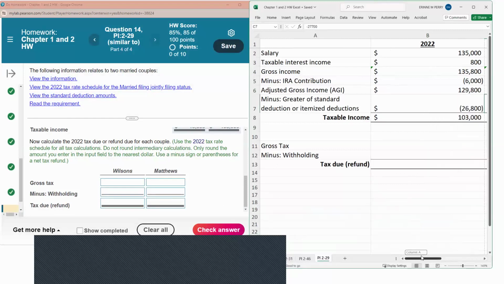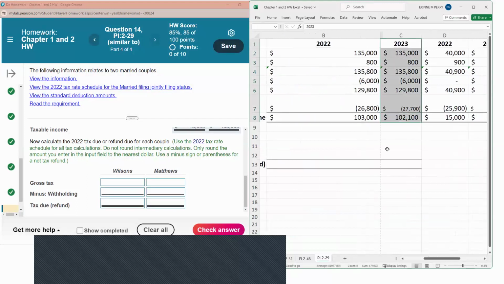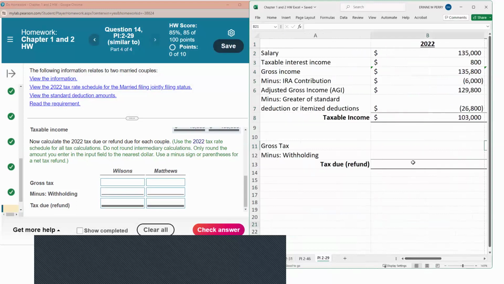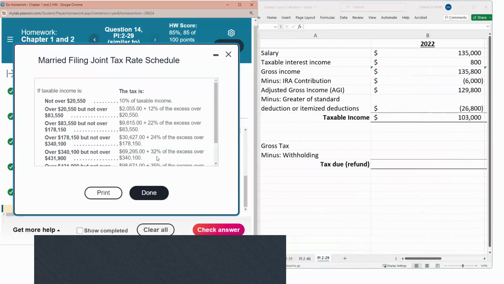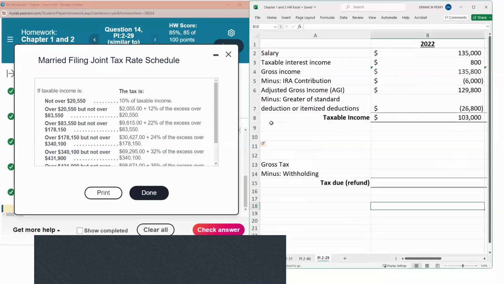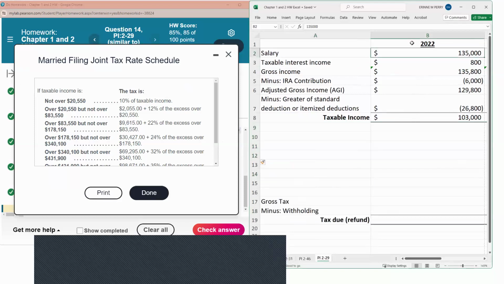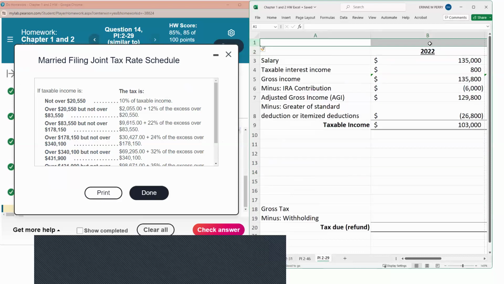So as mentioned, when we are dealing with taxes, it's not necessarily that there's a single tax. Think of it as buckets. The certain amount that you earn is essentially taxed in that bucket. So for the Wilsons, what I'll do is make this easier so that we can compare it from year to year. So here we have the Wilsons, and then we have the Matthews.